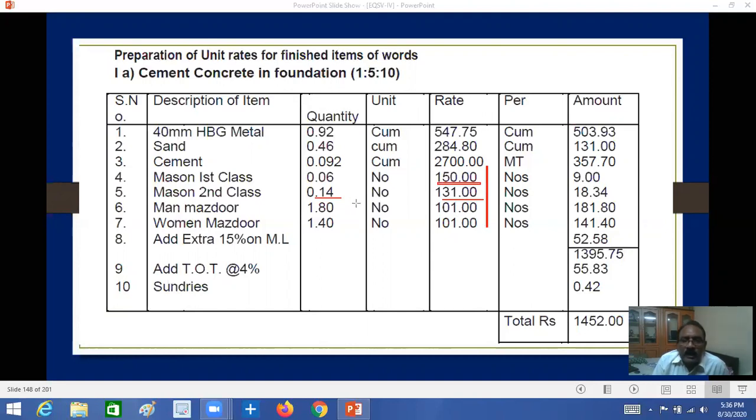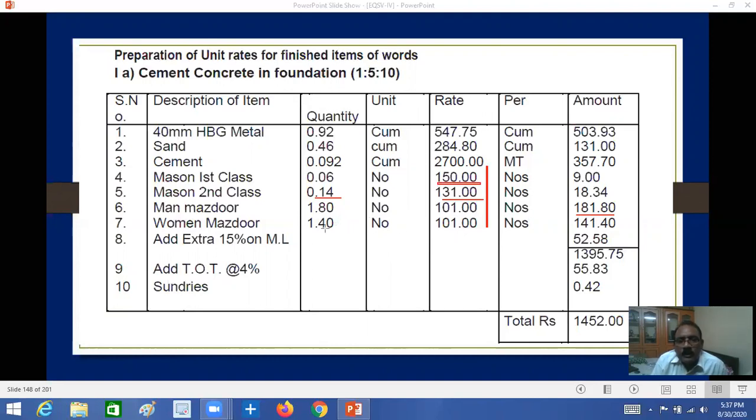So these values are multiplied by the respective quantities, and you will get the amount. Here, how many mazdoor are required is 1.8. 1.8 into 1.0, you will get 181.80. Similarly, women mazdoor amount is also the same, 1.4, because they were used for small work, and the number required is 1.4.